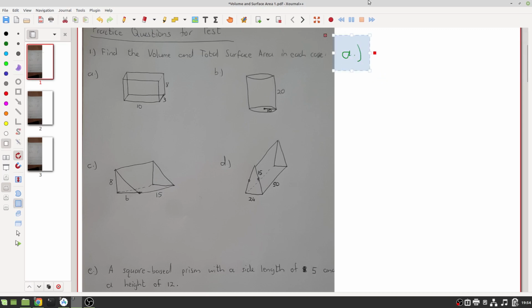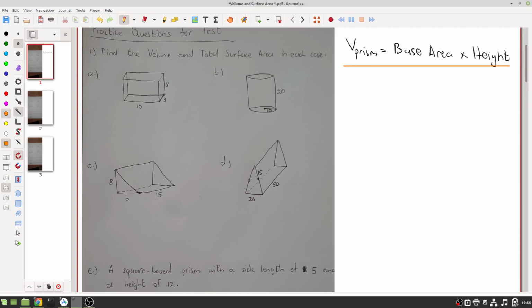The volume of a prism is just equal to the base area, so the area of the base shape, times by the height of the shape, or how tall or how deep or how long the prism is. Okay, let's underline that. That is our formula for the volume of any prism. And we just have to know the volumes for prisms. So that's all we need to know.